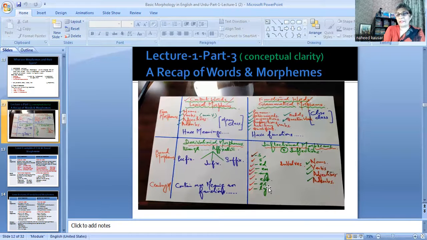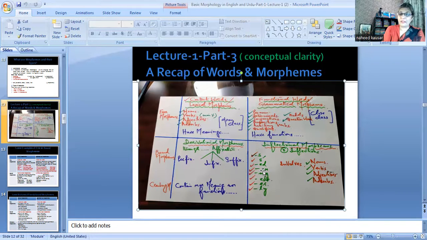In the previous slide, I told you that in the English language, there are 8 inflections which are attached to nouns, verbs, adjectives, or adverbs. So the inflectional components or the inflections also participate in making words in the English language.